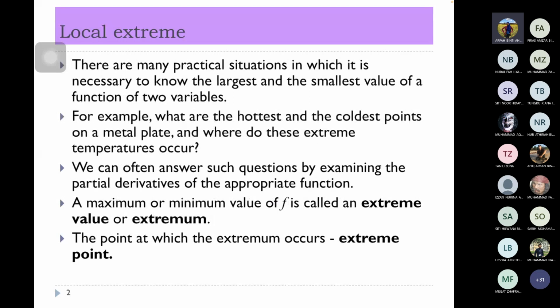So for example, what are the hottest and the coldest points on a metal plate, and where do these extreme temperatures occur if you do the heating process for the metal plate? Okay, and we can often answer such questions by examining the partial derivative of the appropriate function, because partial derivative is related to the rate of change.